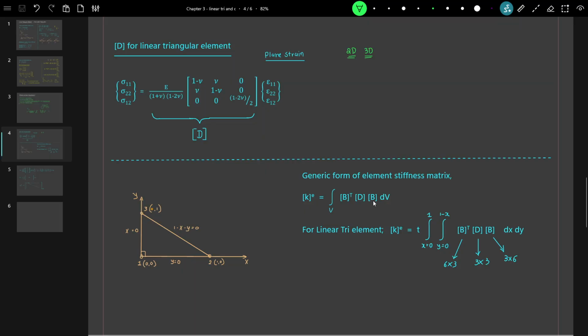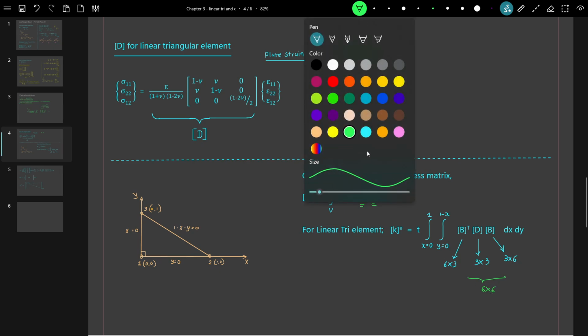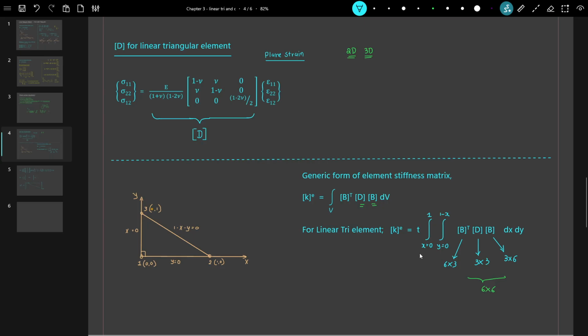So we have written B and D. Now this is the K matrix. D is 3 by 3, B is 3 by 6, B transpose is 6 by 3. So our K matrix is 6 by 6. And what are the limits? This is dV.